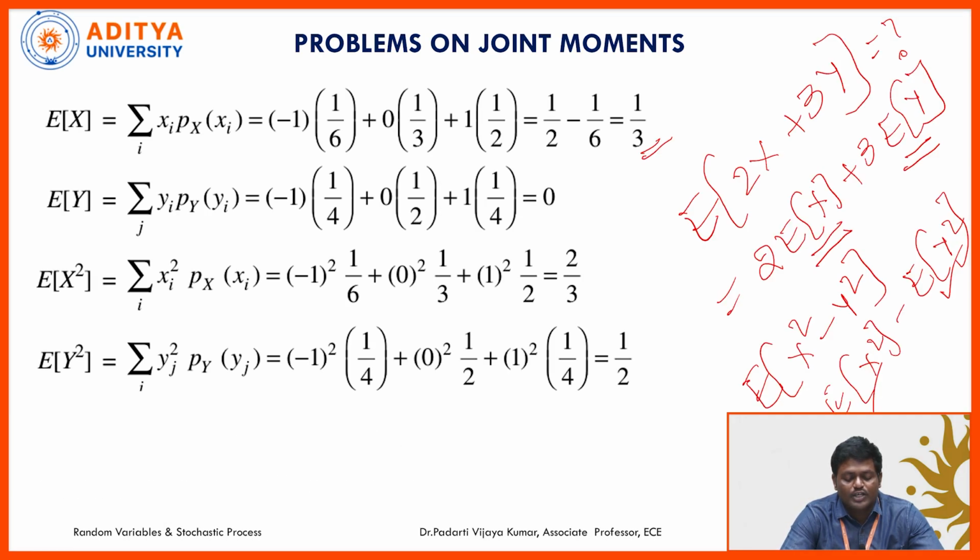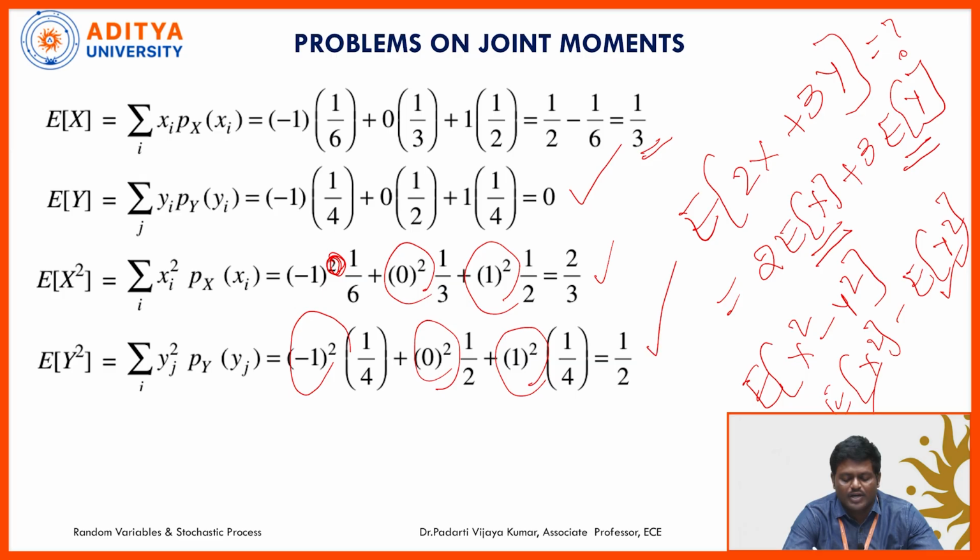Applying that, minus 1 into 1 by 4, 0 into 1 by 2, 1 into 1 by 4, we get 0. Next, expectation of x square is the summation of xi square into p of xi, so in place of x, I substitute xi square: 0 square, 1 square, 2 by 3, and for y, 1 by 2.